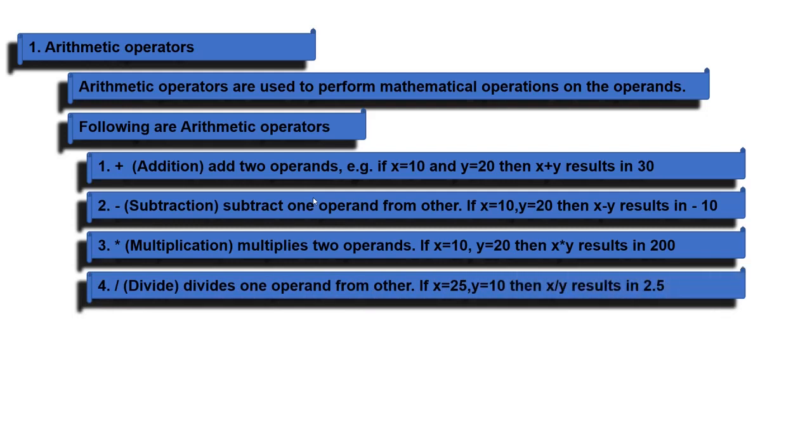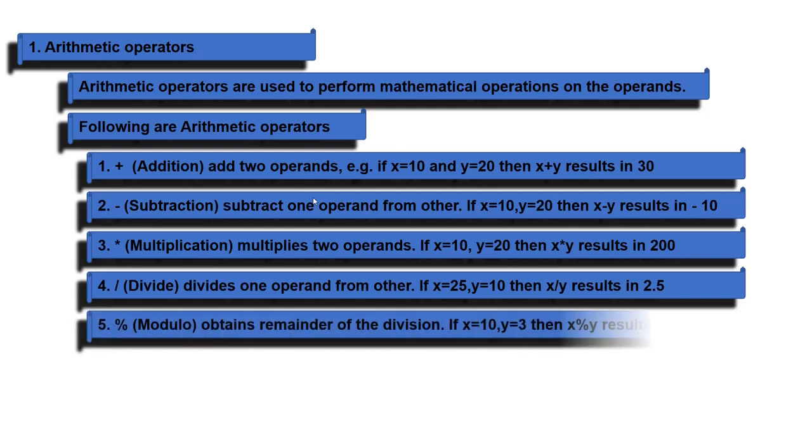Divide operator. The oblique symbol is used to perform the division operation. It divides one operand by another. If x is equal to 25, y is equal to 10, then x divided by y will result in 2.5. Modulo operator.